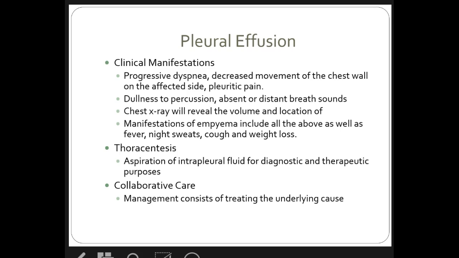Rapid removal of a large volume can actually result in some complications. The patient can become hypotensive. They can develop hypoxemia, or they can have a rebound and develop pulmonary edema. During and after the procedure, it's important that you monitor vital signs and pulse oximetry on your patient. These patients, when they have a thoracentesis, can be sitting up.